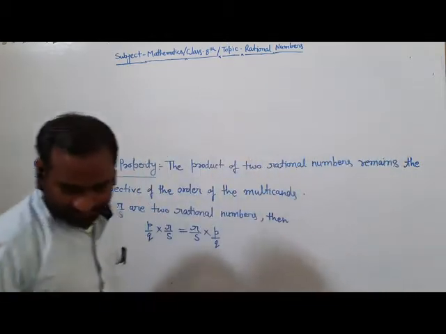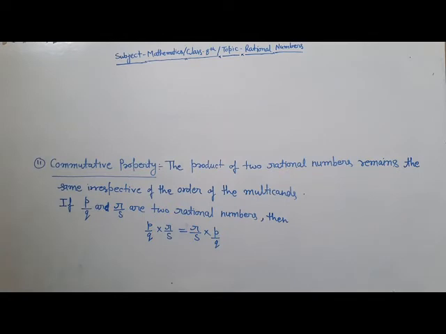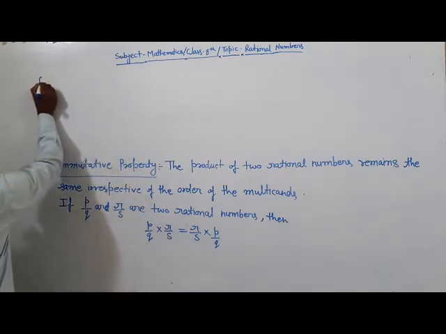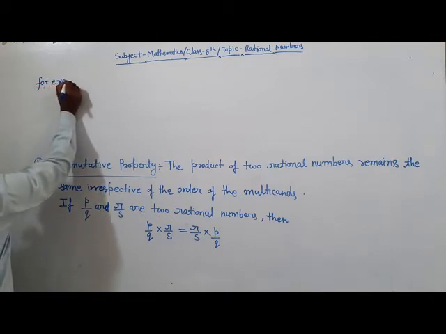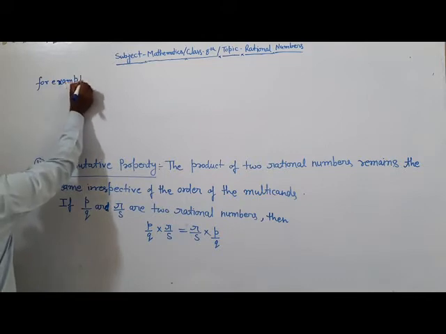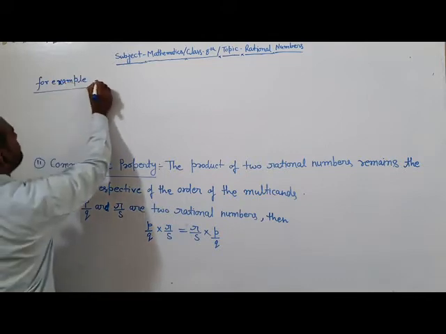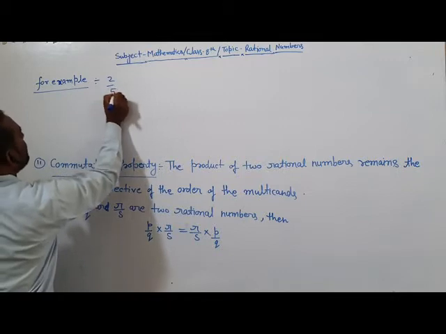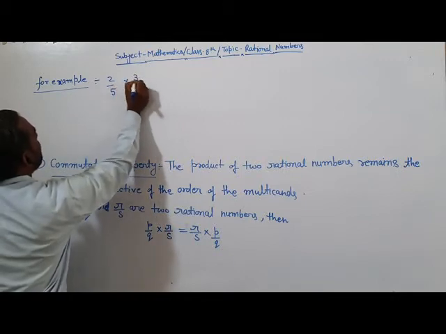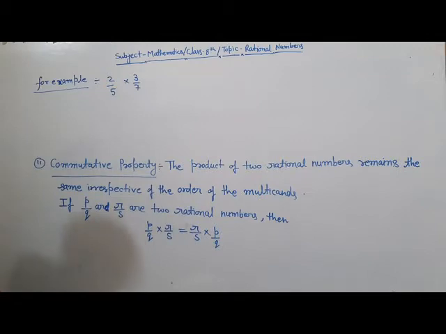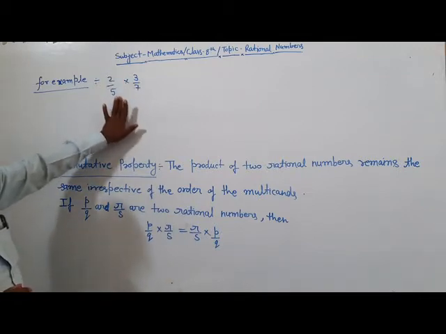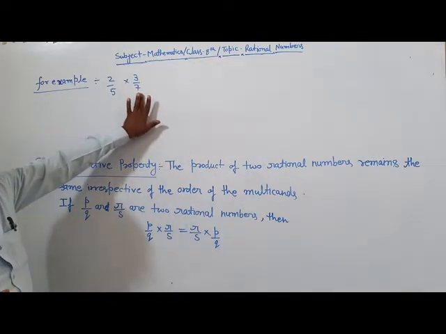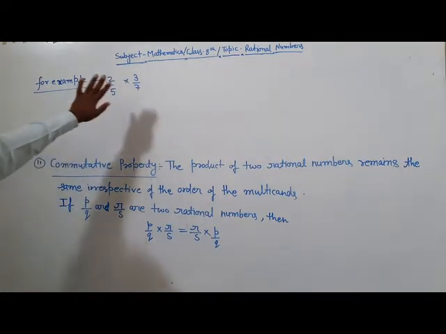For example, 2/5 into 3/7. Here there are two rational numbers, 2/5 and 3/7.